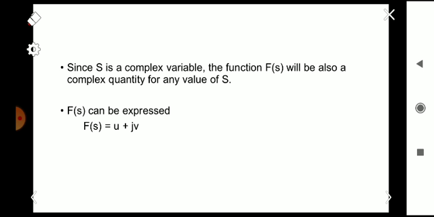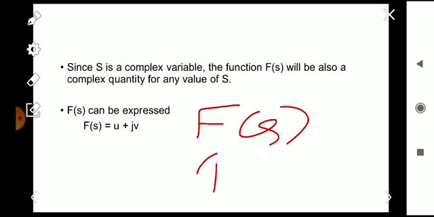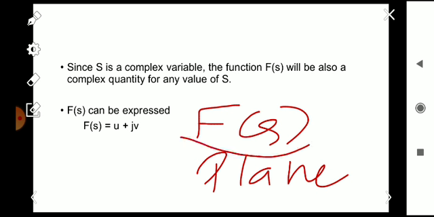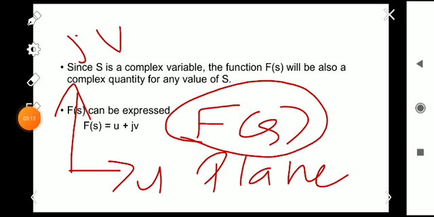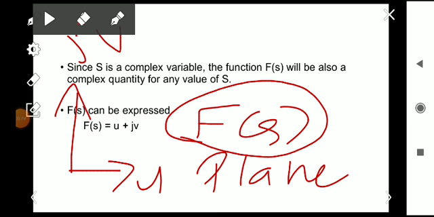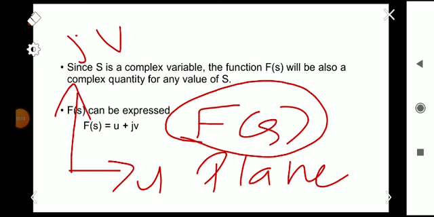So let us define another complex plane called the f of s plane. From the s plane we have derived an f of s plane with the x-axis as u and the y-axis as jv. So a new plane we have developed, the f of s plane.